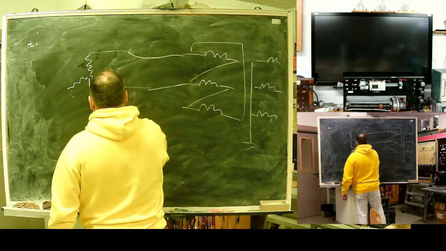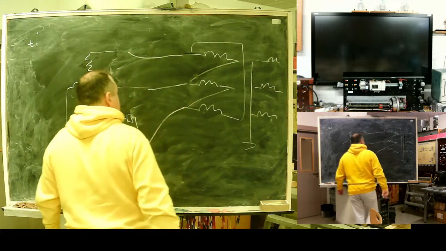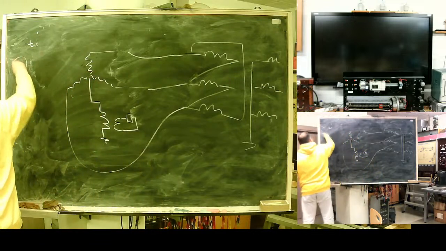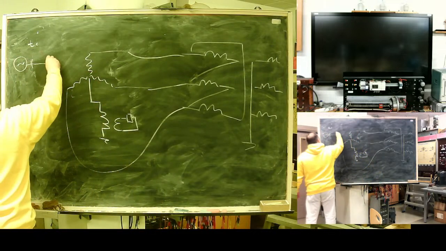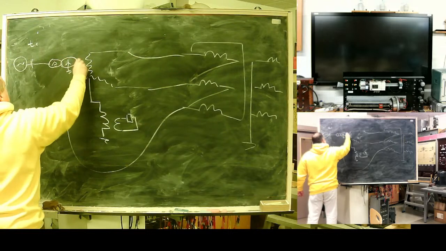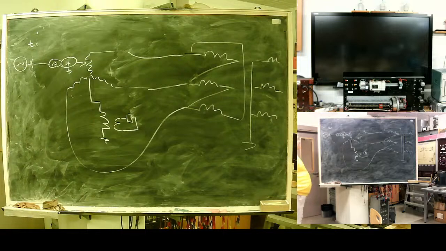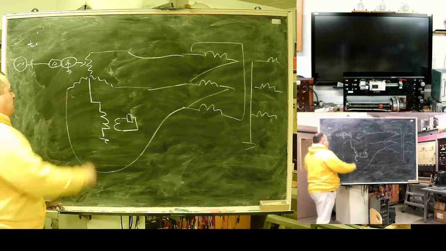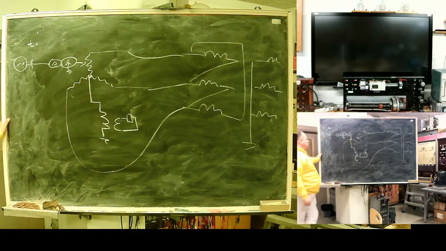Something like this will be the structure of our schematic. Generator, delta star transformer outside. Neutral displacement relay: in normal mode without earth fault, there will be 0.